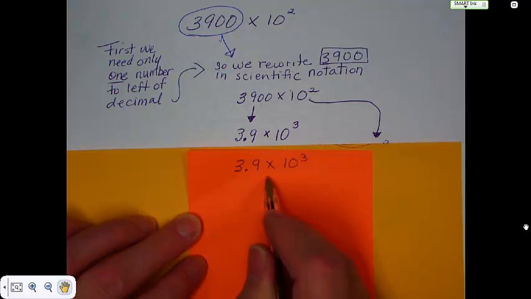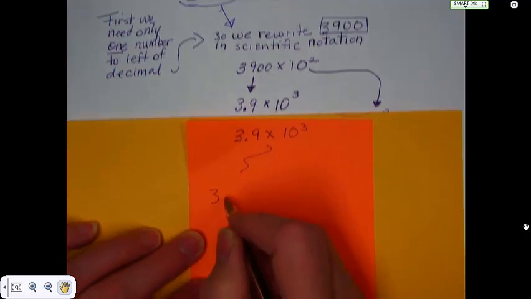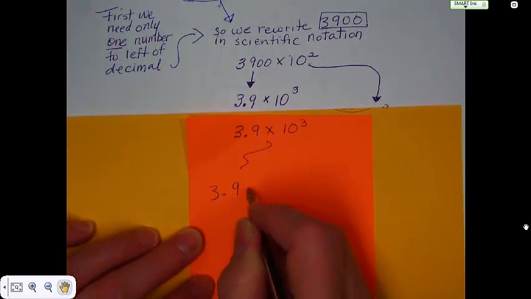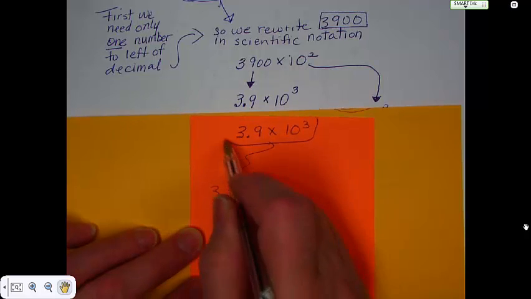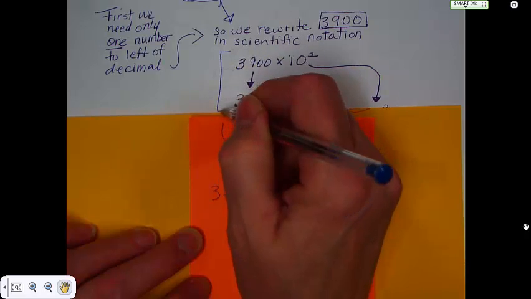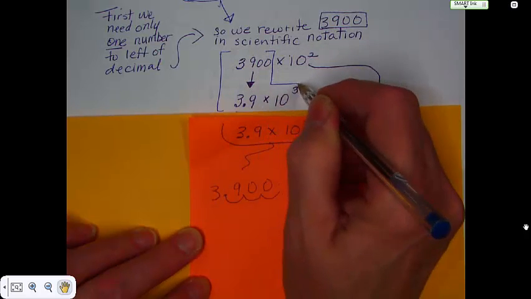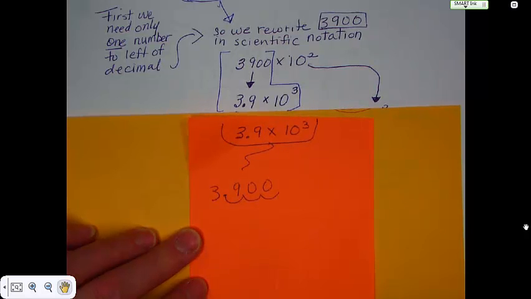Now, just to check ourselves, I'm going to go down here. 3.9, and then I'm going to move it 1, 2, 3. Yes, that is correct. So this is the form for 3,900. We did this part first. We got it in correct scientific notation.